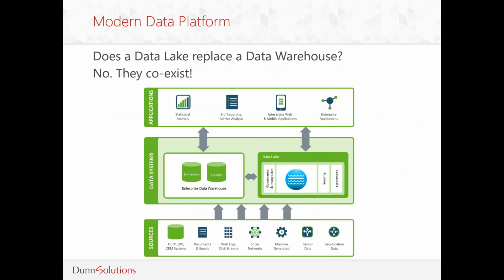Your data warehouse could be a combination of on disk and in memory relational database systems, and your data lake would be all of the raw data for processing, so you can get to it sooner than going back to your source system, which may or may not have retained your data. For example, web logs or machine generated data can only be retained by these meters for so long. And if it's past a certain point of time, you cannot even get to that data. So that's where a data lake is very helpful.